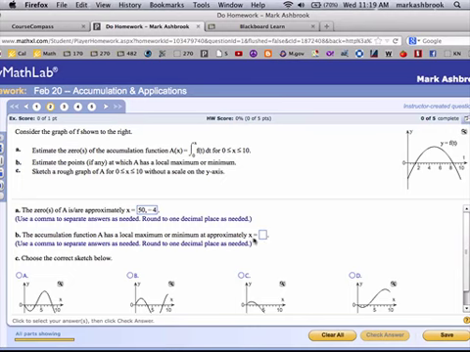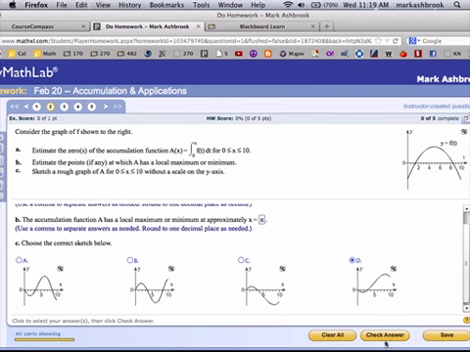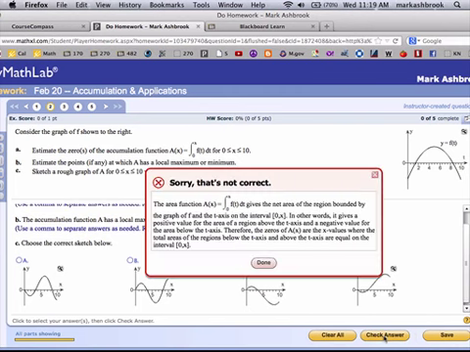The accumulation at x equals approximately pi, and I'm choosing answer D. So now I'm ready to check my answer. Sorry, not correct. Then it gives you a little tip.